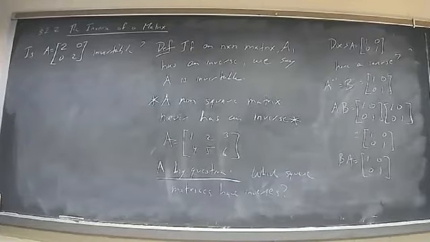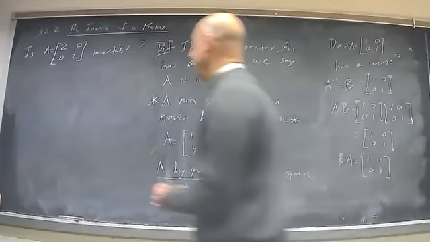What do you think? I'll give you a hint. Can you think of what matrix you could multiply it by to give you the identity? Could you do a half, 0, 0, a half? Yeah, that works just great.